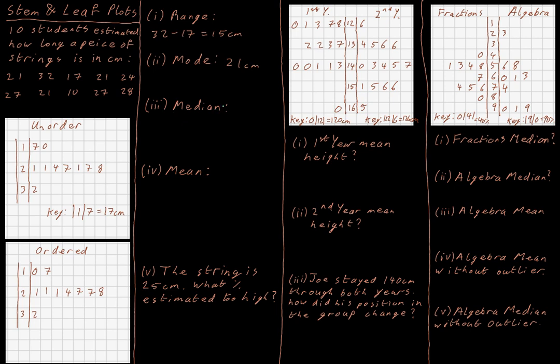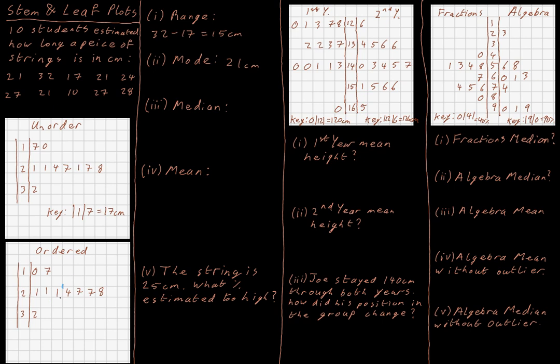What's the median? The median is going to be the middle number when we have ordered from smallest to biggest. The stem and leaf has done that for us. So we have 1, 2, 3, 4, 5, 6, 7, 8, 9, 10 students. That's an even number, so we need to be careful now with our median. We go 1, 2, 3, 4, 5. Well, between 5 and 6 is halfway through our data set.